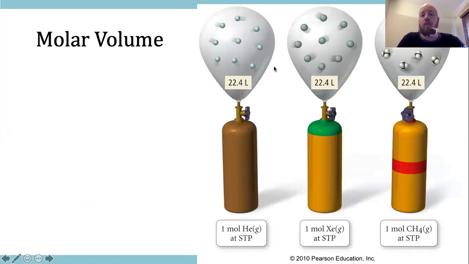Okay, it's kind of another one of those convergent pieces of data things, right? We have convergent data points. This clearly has got to mean something if every gas has the same volume at STP. If 1 mole of every gas has the same volume at STP, that must be important, okay?